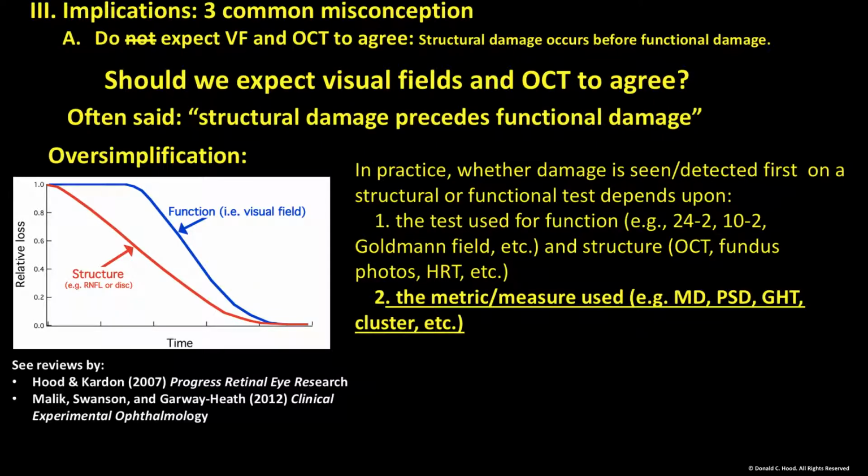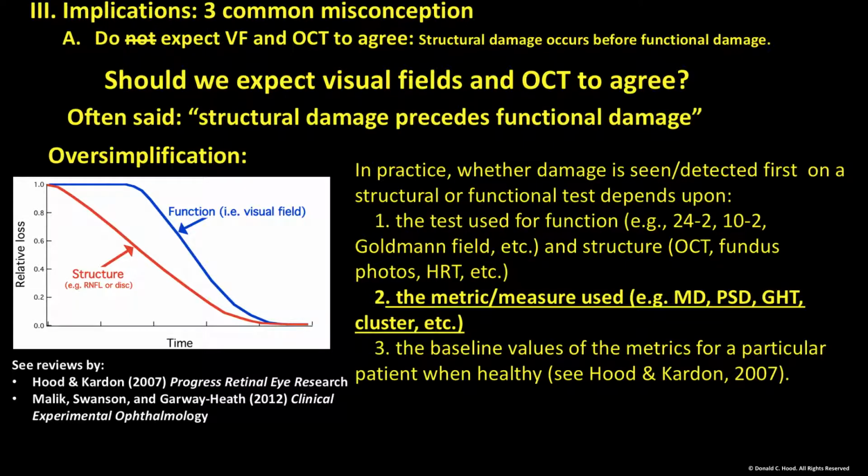How are we measuring the change in structure and function? And then third, the baseline values of the metrics for a particular patient when healthy. Now this is a very subtle point, but an important one. I'm just going to mention it now, and I'll come back and give you an illustration later.